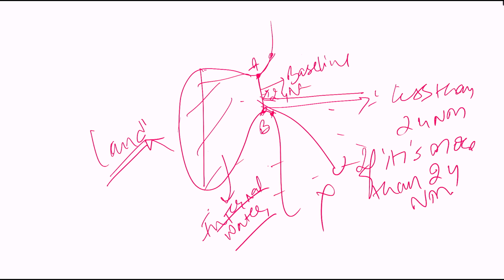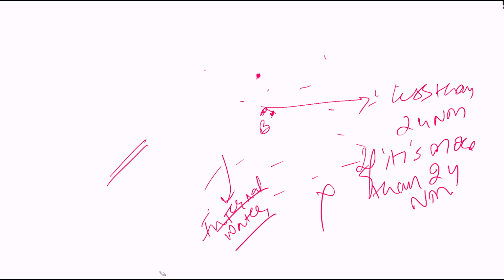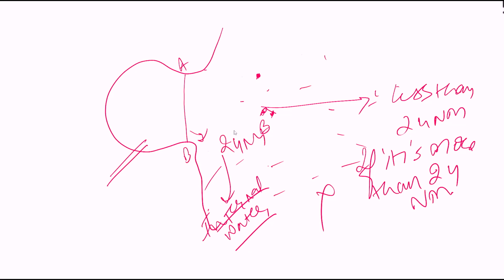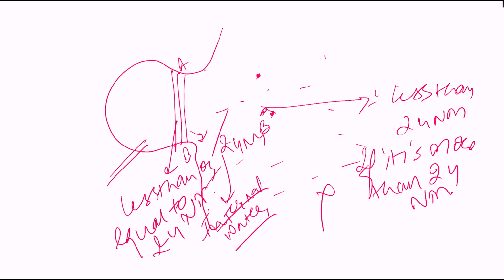So, let us say if the structure is of such a nature that this particular point A and B is larger than 24 nautical miles, then we will search for a point here, or any particular point here, which will be less than or equal to 24 nautical miles.